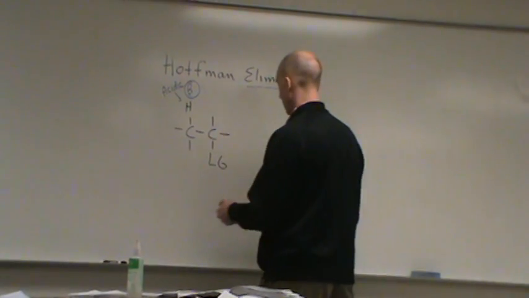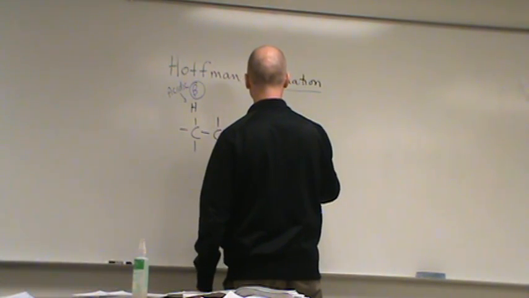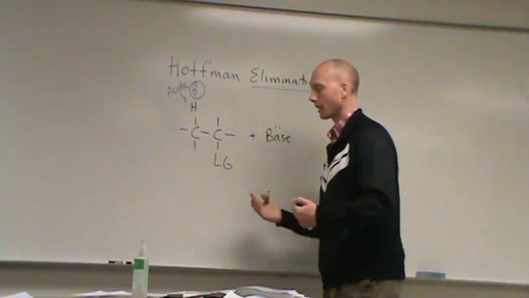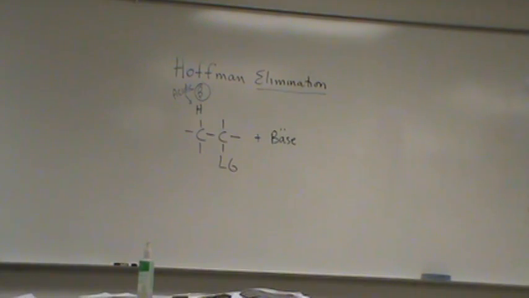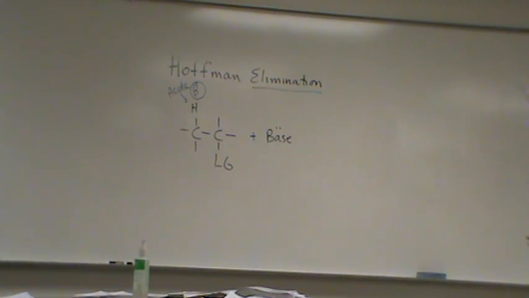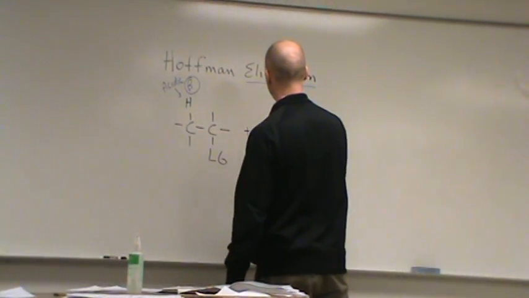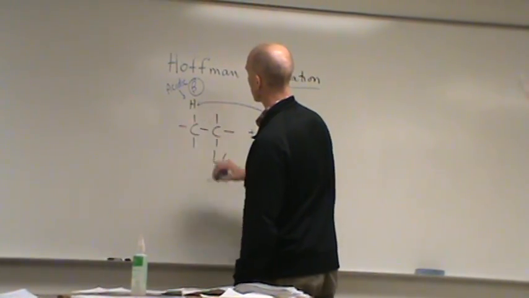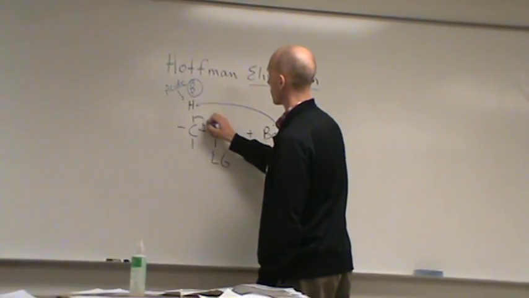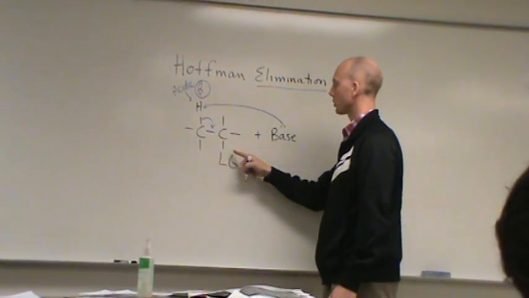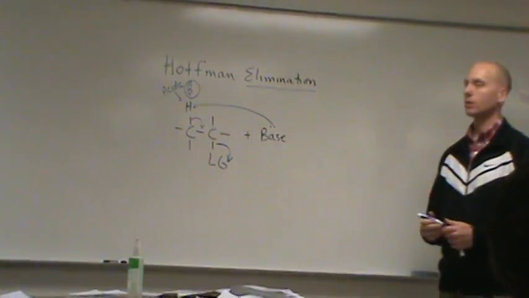Let's react this with whatever the base is, but we do know it would have a lone pair on it. If you recall the mechanism, the base attacks the beta hydrogen, these electrons flow toward the leaving group, and the leaving group leaves.